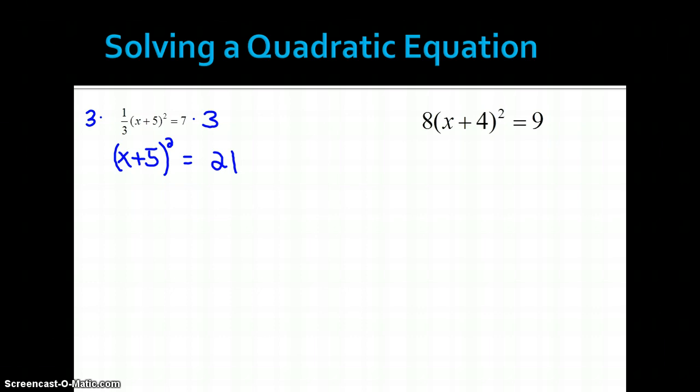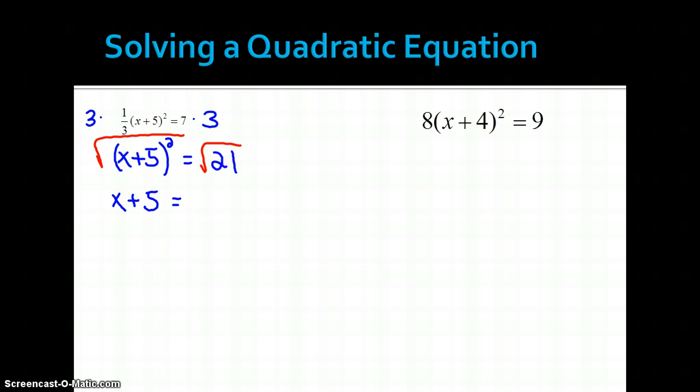Well, now we have something squared equals a constant. In this case, the inverse of squaring something is taking the square root of that very same thing. So the square root of x plus 5 squared is just x plus 5. Now 21, does it have any perfect square factors?